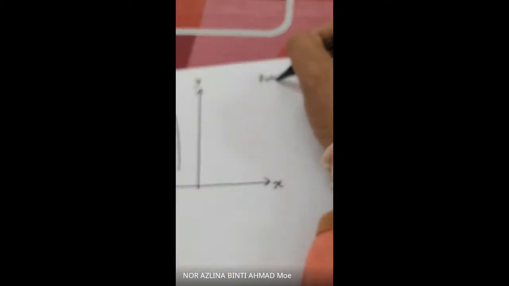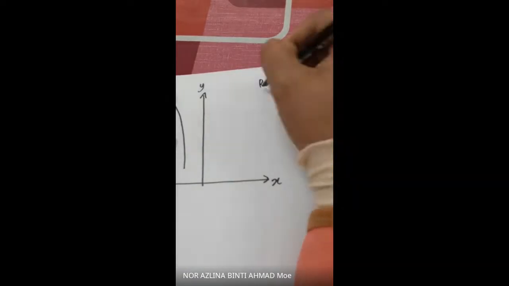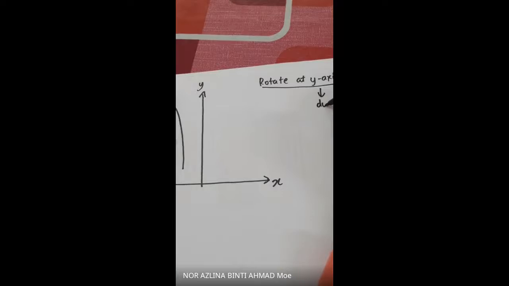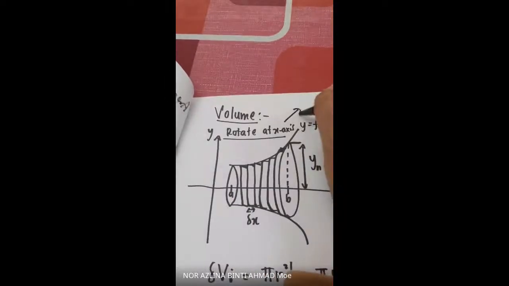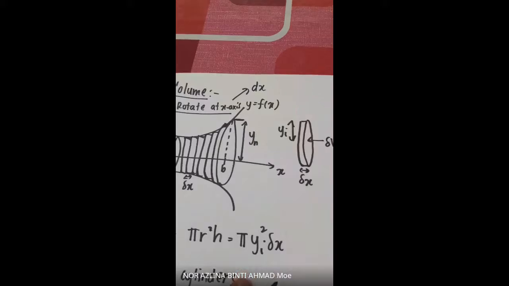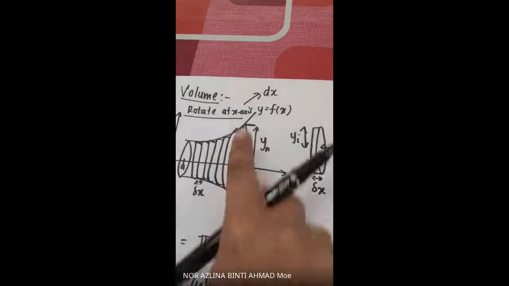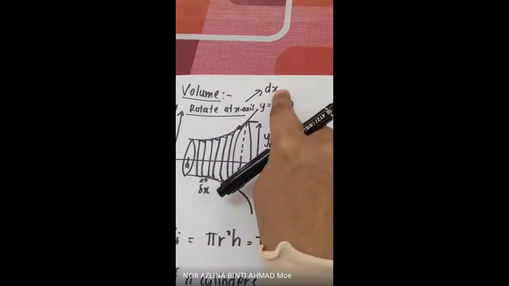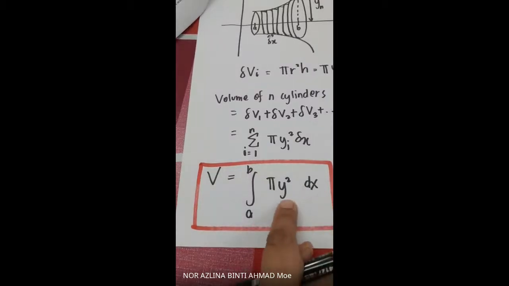Now rotate at y axis. So nanti mesti integration dia dy. Kalau rotate at x axis, tadi rotate x axis, ni mesti dx. Ingat tu. Macam mana nak ingat? When the curve rotate at x axis, so this is dx. When dx, here must be y squared pi.